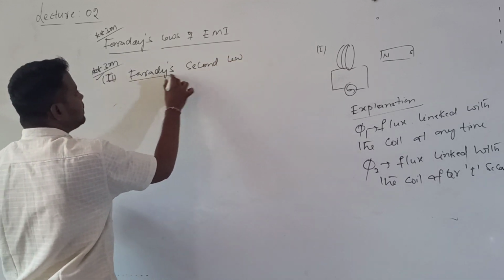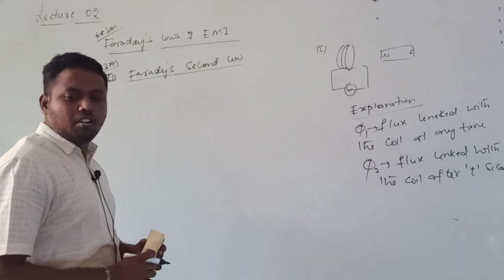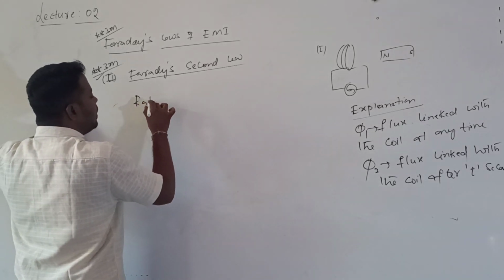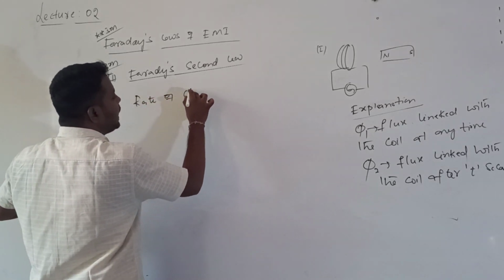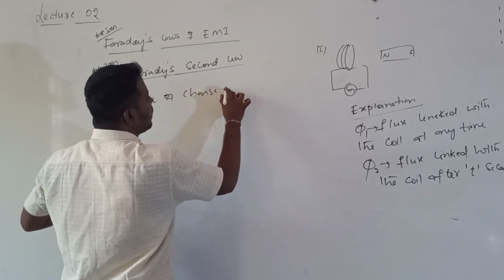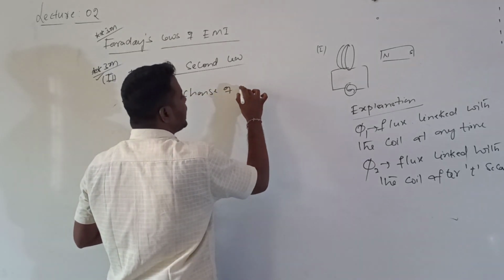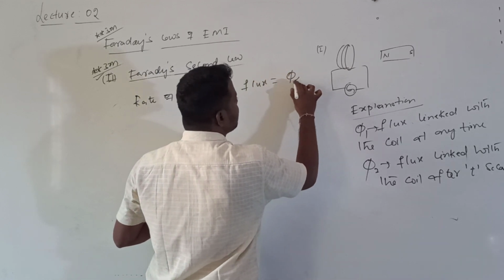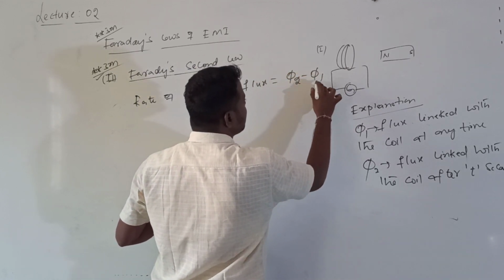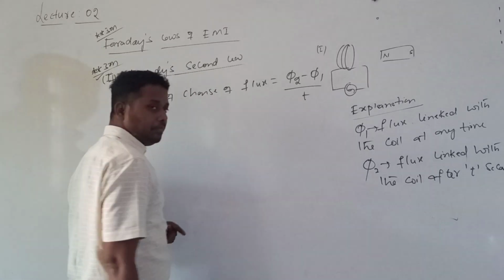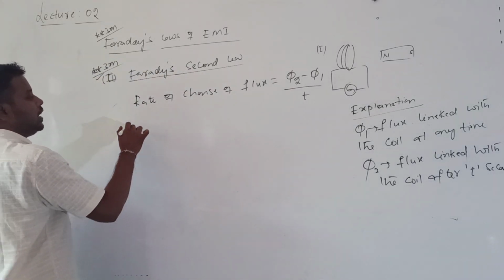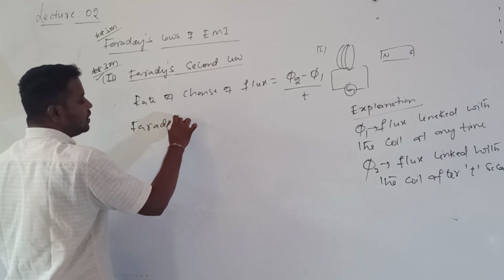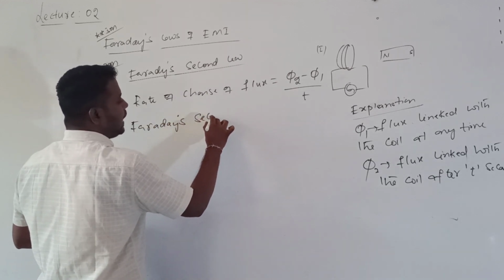Okay? Now, what is the rate of change of flux? Rate of change of flux is given by final flux minus initial flux divided by time. Then according to Faraday's second law, what does it tell us?